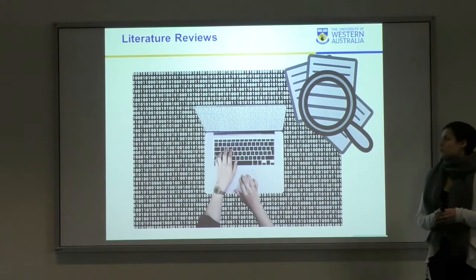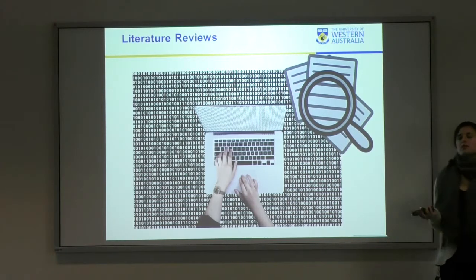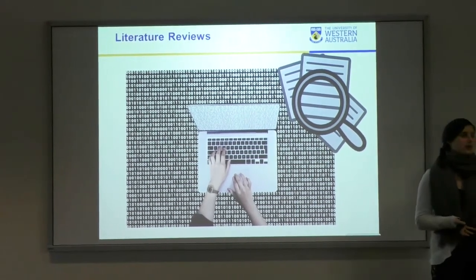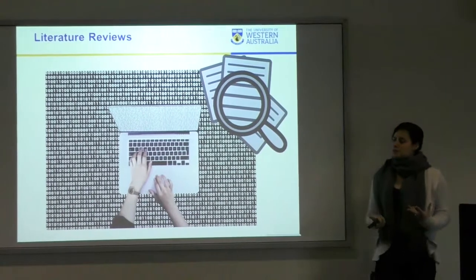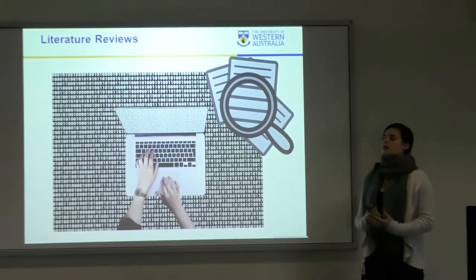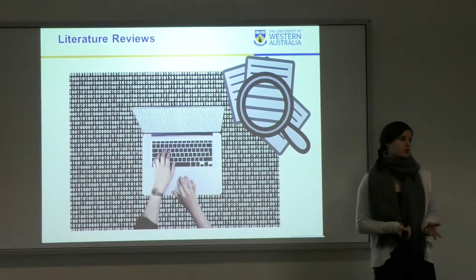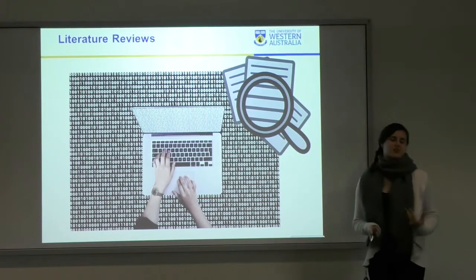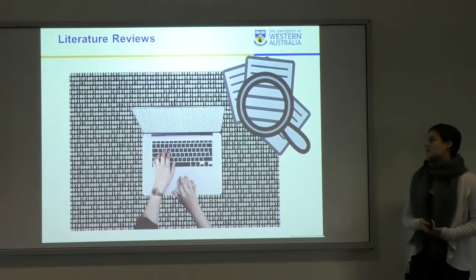In a literature review, you are trying to look at the entire body of work, the entire world of information on your topic, and find gaps in it that you might want to research and identify some of the key themes and things like that. You need to search very thoroughly for a literature review. It's not really the kind of thing you can just do a Google search on. It is quite different from the kind of searching that you may have done as an undergraduate student.